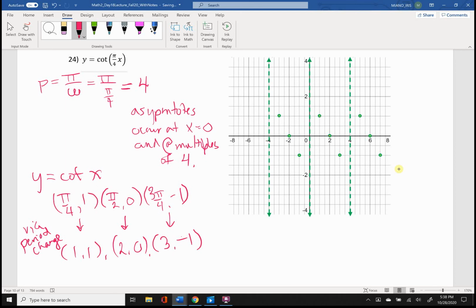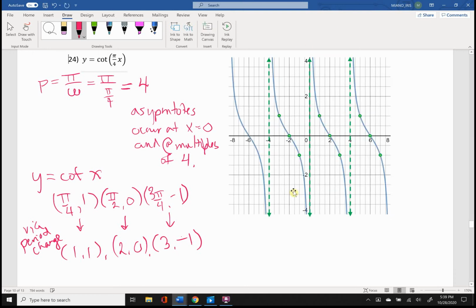And then notice that I have a vertical asymptote at x equals 0, x equals 4, x equals -4. And I could have done more, but it's a little bit out of the window. So go ahead and draw your curves now, following those asymptotes and going through those points, and you will have your cotangent of pi over 4x in blue.